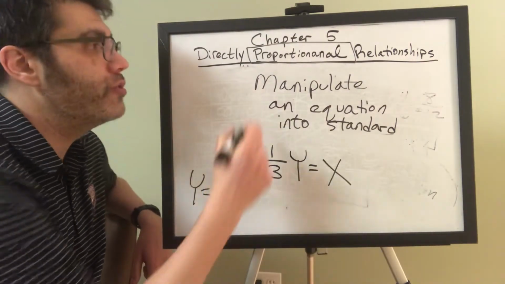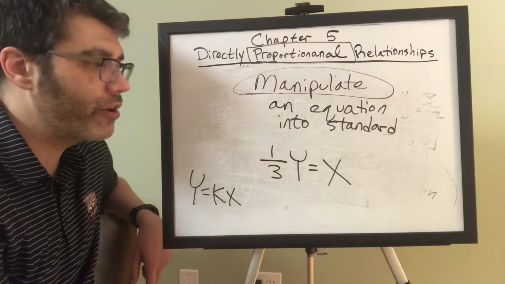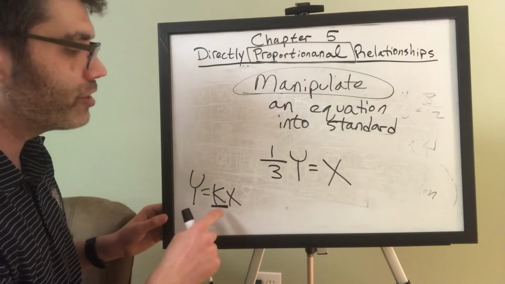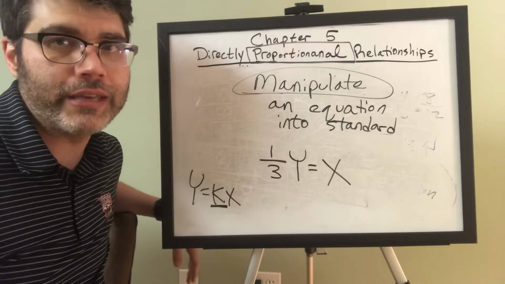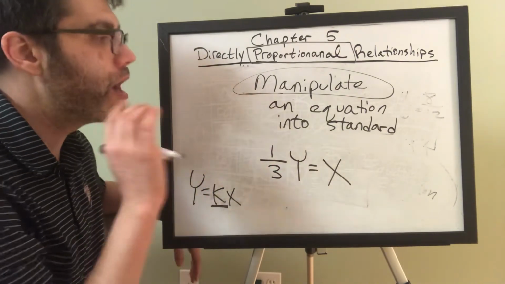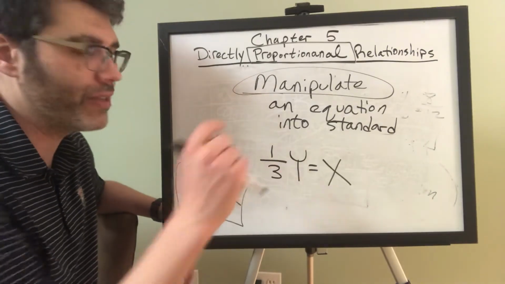So we need to algebraically manipulate or rearrange this equation so it actually is in y equals kx form, and so we can see what the true k is, because it is not clear to me what the k is here. Do not answer what the constant of proportionality is unless your equation is in standard format. So we need to get this into standard format.